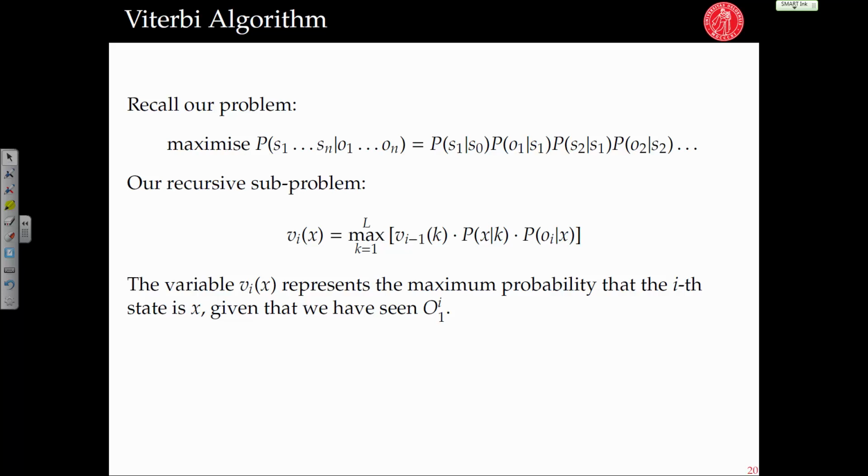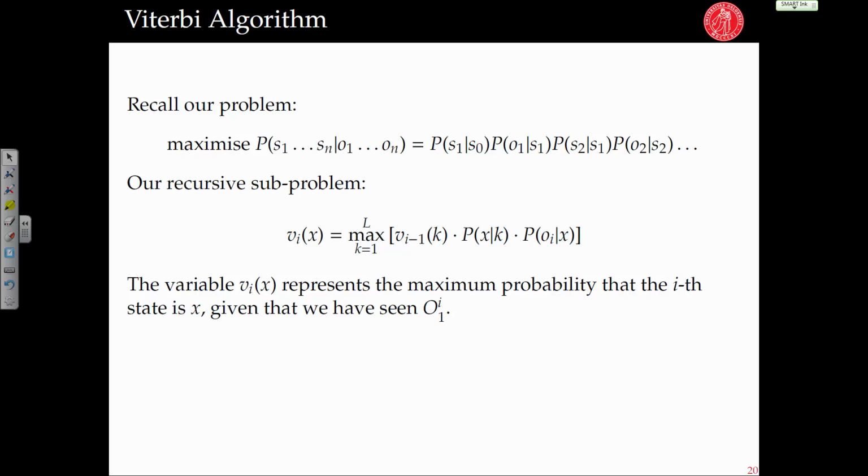The idea here is basically to find sub-problems. By defining this vi of x, the maximum probability of being in state x at time point i is a solution up to this point, in a sense.